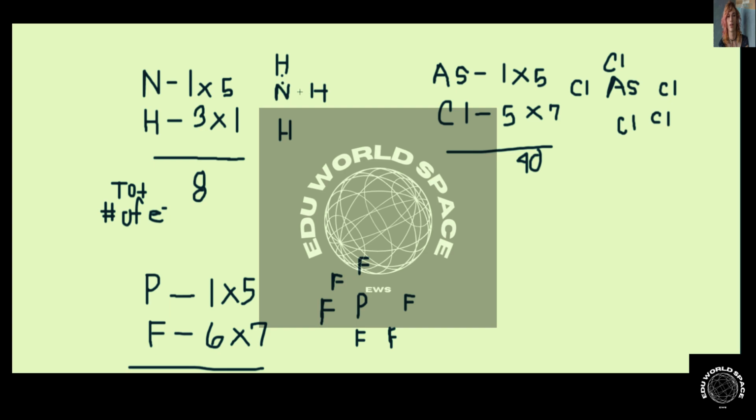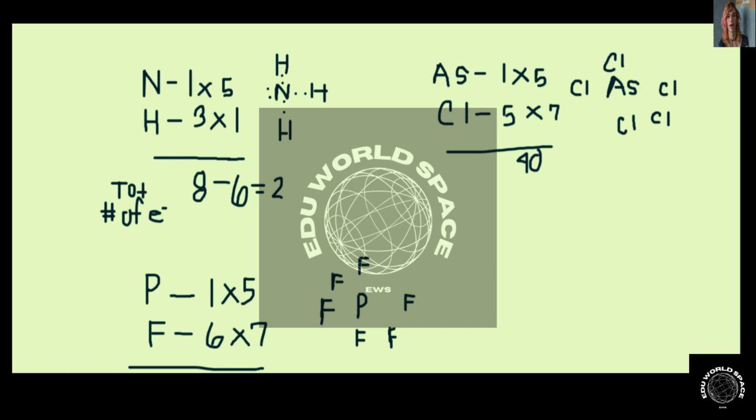So we're going to start distributing the electrons. 1, 2, 3, 4, 5, 6. Now we've already distributed 6, so 8 minus 6 is equal to 2. We have 2 left over, so we're going to give nitrogen its lone pair.